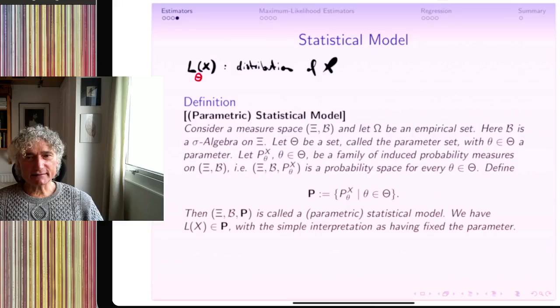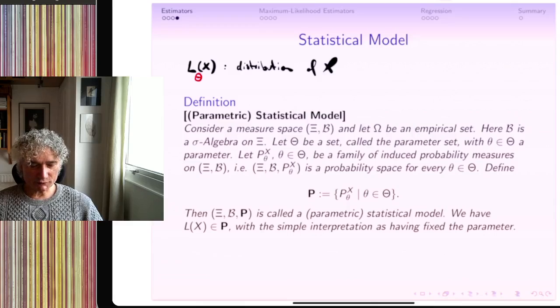We consider again the measure space Xi, B. B is the sigma algebra associated to the numerical space Xi, and omega is our larger empirical set. Now we introduce theta, which is a parameter set, and any theta in this parameter set is then called a parameter.